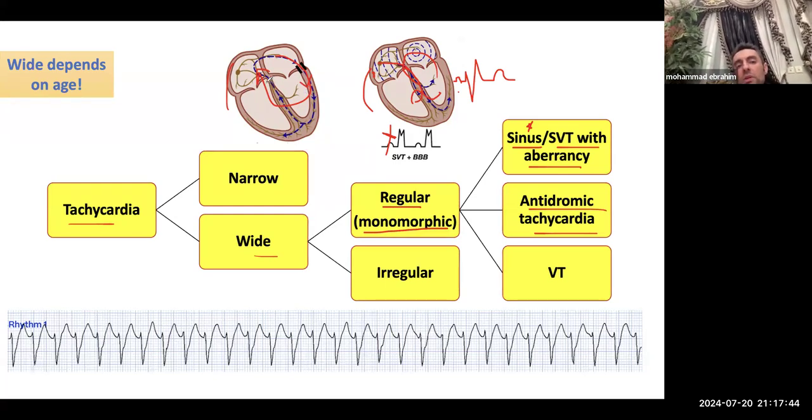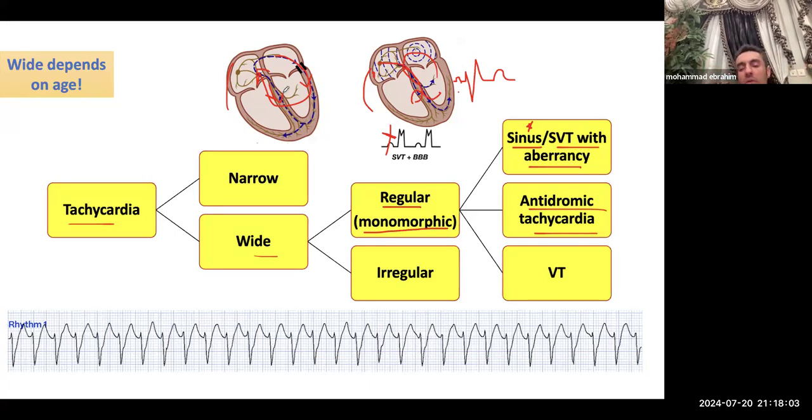Versus if you're going down the normal His-Purkinje system, everything is rapidly conducting at the same time, so your QRS duration would be narrow. Understood? But antidromic tachycardia means you're going down an accessory pathway and up the AV node. The opposite, orthodromic tachycardia, means you're going down the AV node and up a pathway.